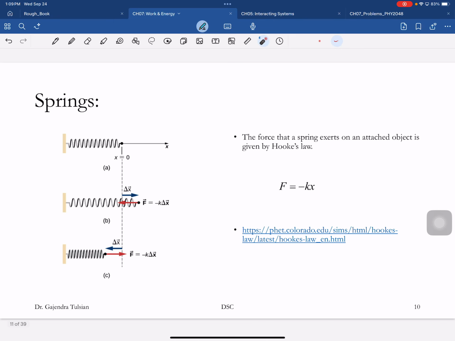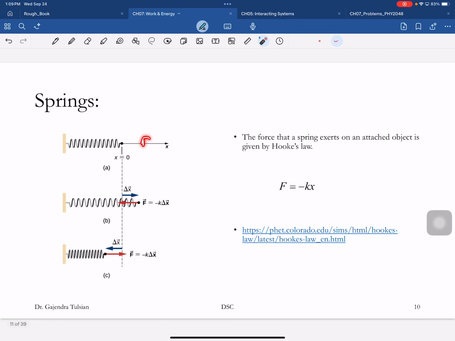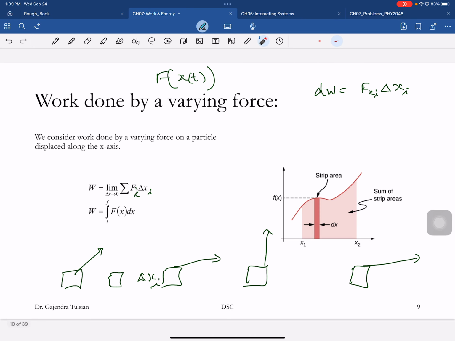Here's a force, the component of the force along the displacement, the x component of the force, which is varying with position. If the mass is here, the force is minus kx, and so on. So we'll do an integral.